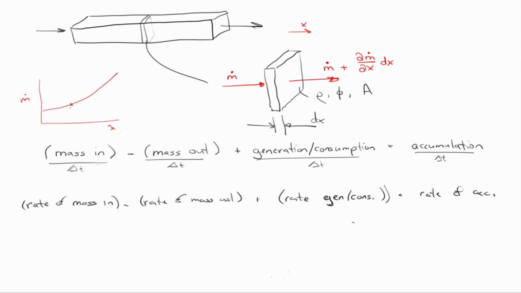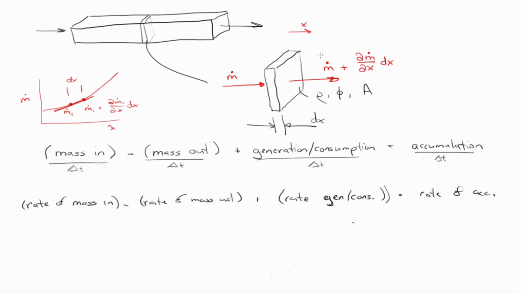If I measure it here and it's m dot 1, and I measure it a small distance away, say dx, then through a linear interpolation, I have m dot 1 plus... it's just an equation of a line. Over an infinitesimally small distance, the slope is dm dot 1 dx. So that's the slope times the distance. That's how I get this term over here.